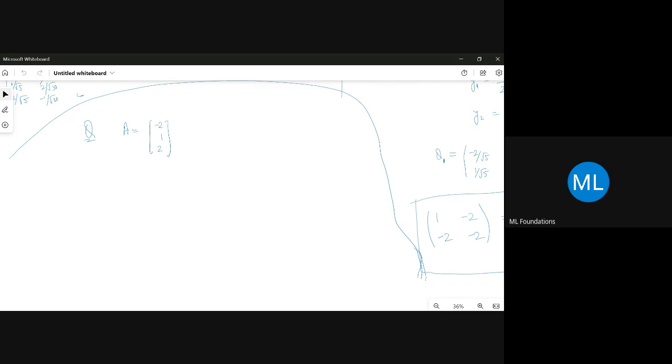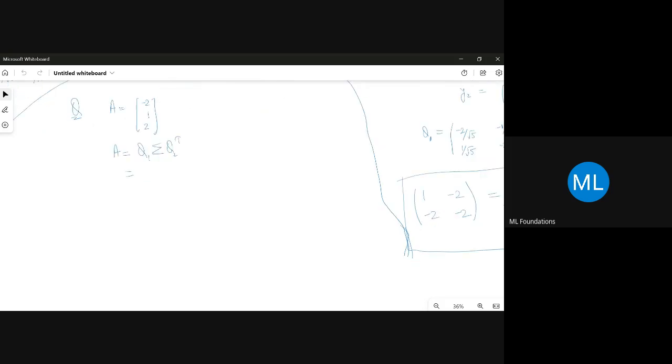And the answer that you should get is, if you're writing A in the form of Q1 sigma Q2 transpose, then your Q1 should be minus 2 by 3, 1 by 3, 2 by 3; 0, 2 by root 5, minus 1 by root 5; and 5 by root 45, minus 1 by root 5, 4 by root 45.